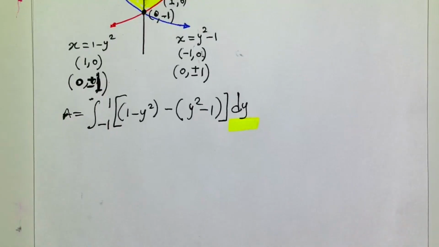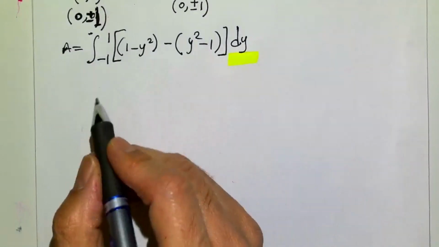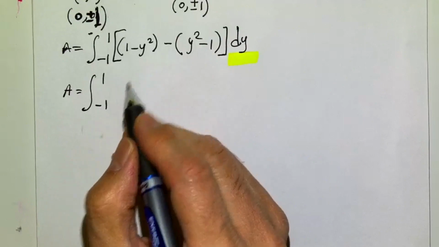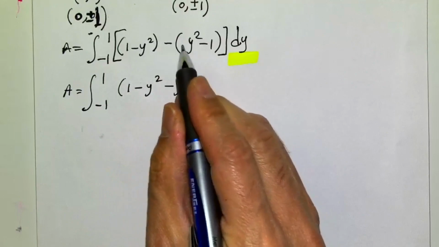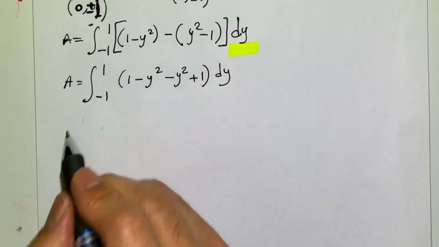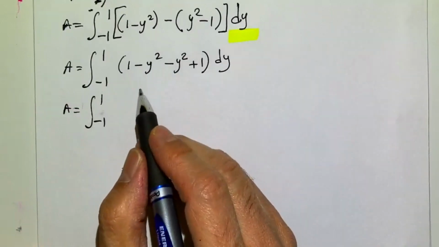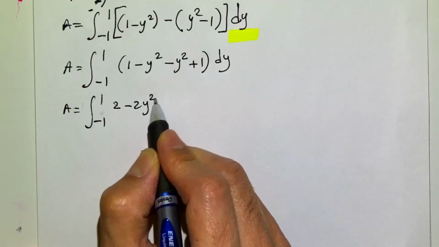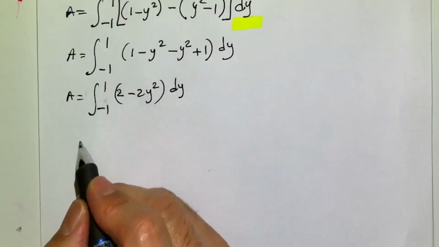Going through this, let me distribute and simplify the integrand a little bit. So -1 to 1, and then we have 1 minus y squared minus y squared plus 1, dy. So we end up with A equals that integral of 2 minus 2y squared. Of course, we can factor out the 2.